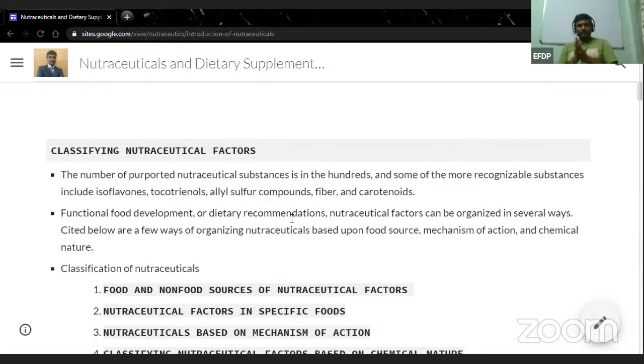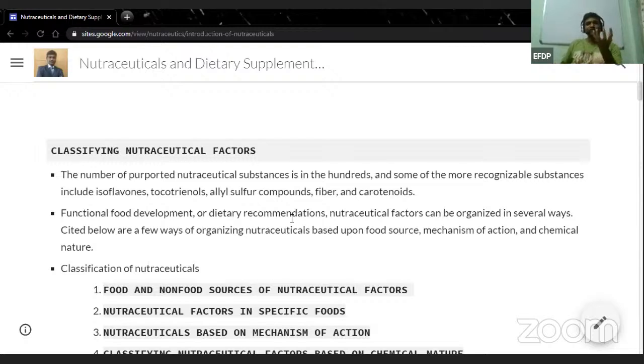Okay, so now when we think of classifying the nutraceutical factor, before that, isoflavonoid, you might have studied pharmacognosy, you studied in first year that we have phytochemicals, isoflavonoids, alkaloids, glycosides, then antioxidant effect is because of flavonoids, carotenoids, and fiber.